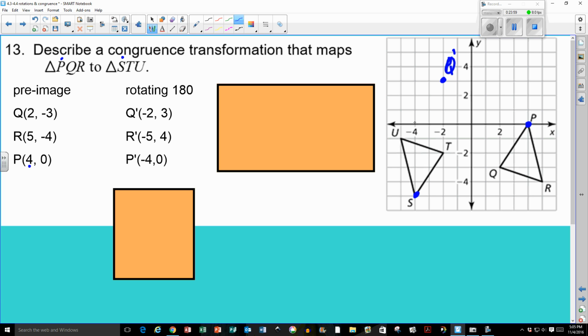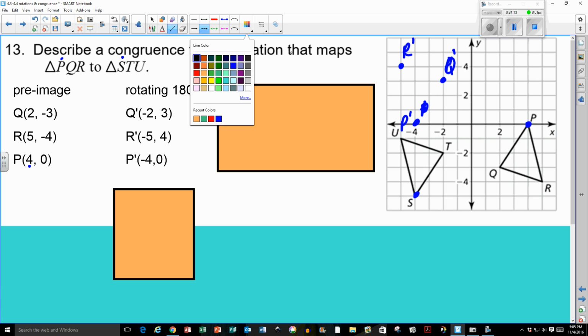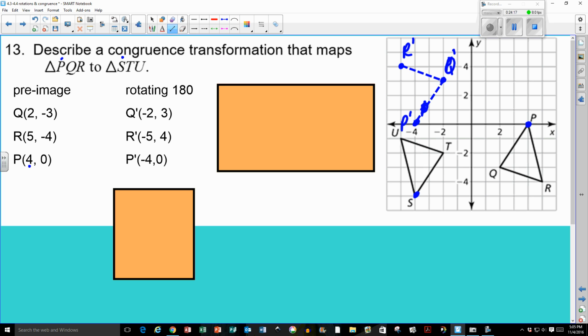R would be -5, 4, so there's R prime. And then P prime would be -4, 0. And then we can draw our lines. All right, so there would be our rotation.